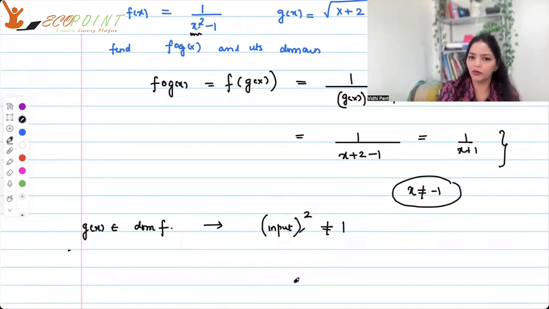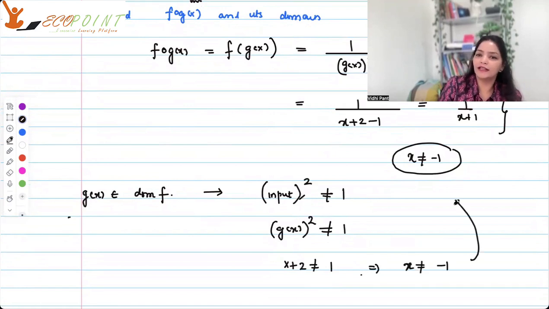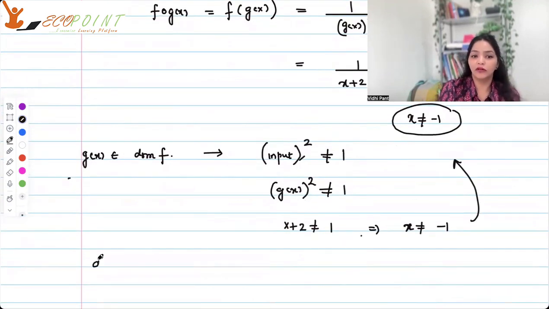So what is your input this time? It's g(x). g(x) square should not be equal to 1, right? So g(x) square, which is x plus 2, should not be equal to 1. In other words, x should not be equal to minus 1. This is exactly what you got from here. So is it the only restriction for the domain of f of g?